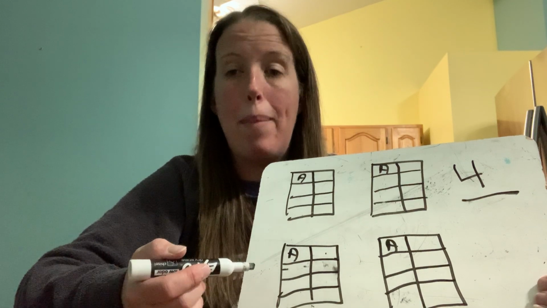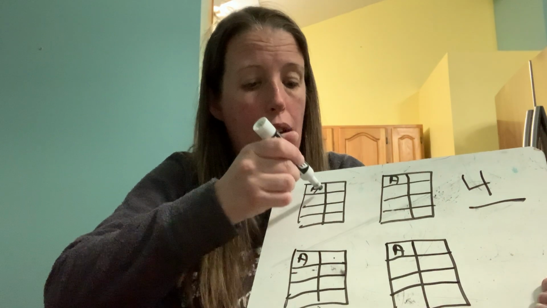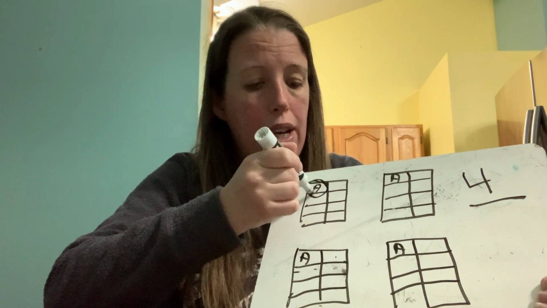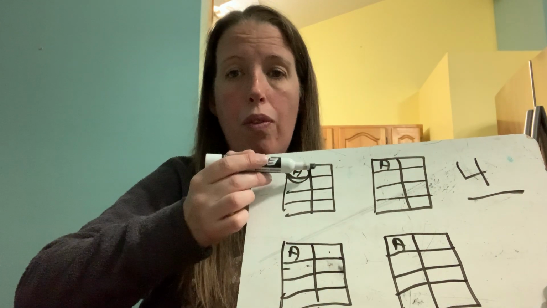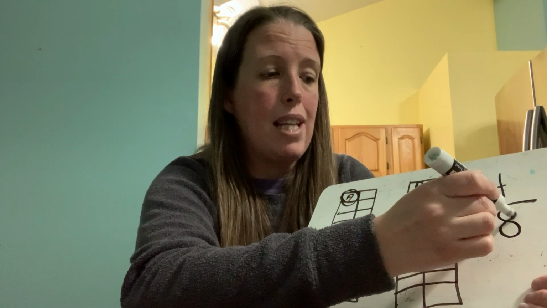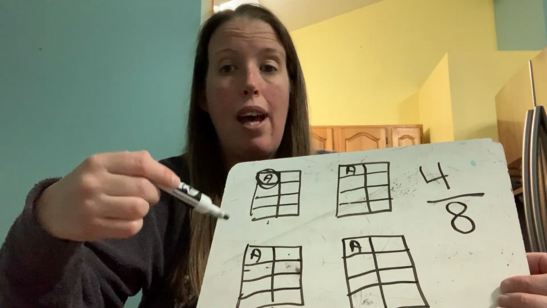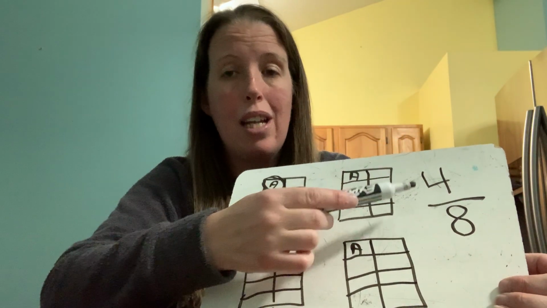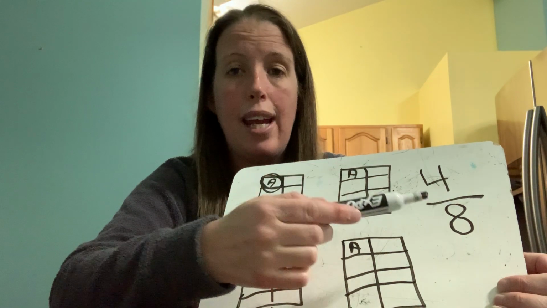But how big are those pieces? Every piece is this big, and if I look at the whole, there were 8 pieces. So each piece is 1/8 size. So since he has 4 of them, he's going to get a total of 4/8.